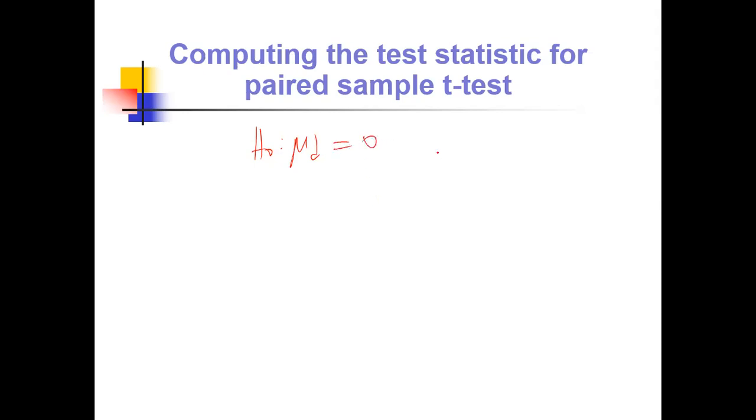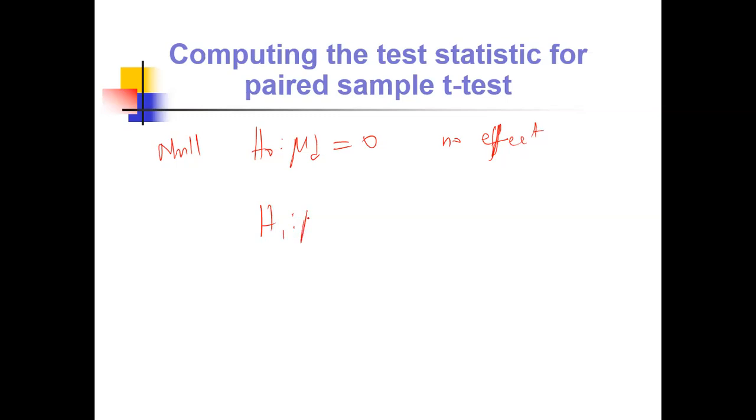That is your null, right? This is saying the exercise has no effect, or the intervention you're considering had no effect. And this is your null hypothesis, right? But for the alternative hypothesis, it could be stated one of 3 ways.